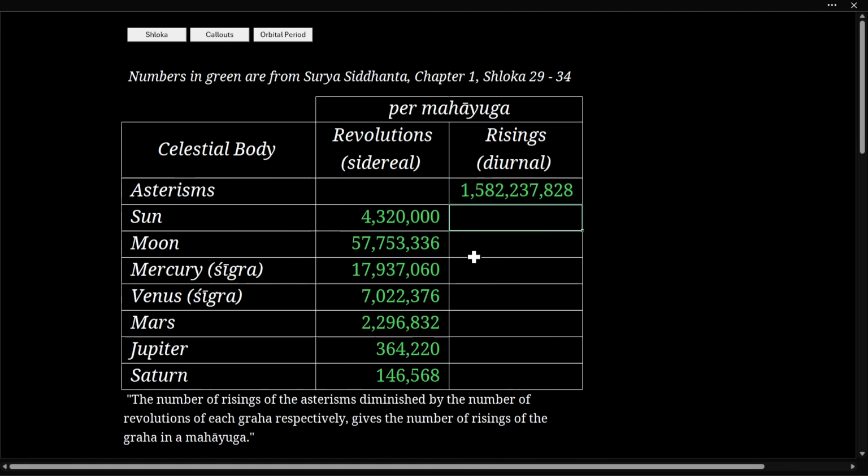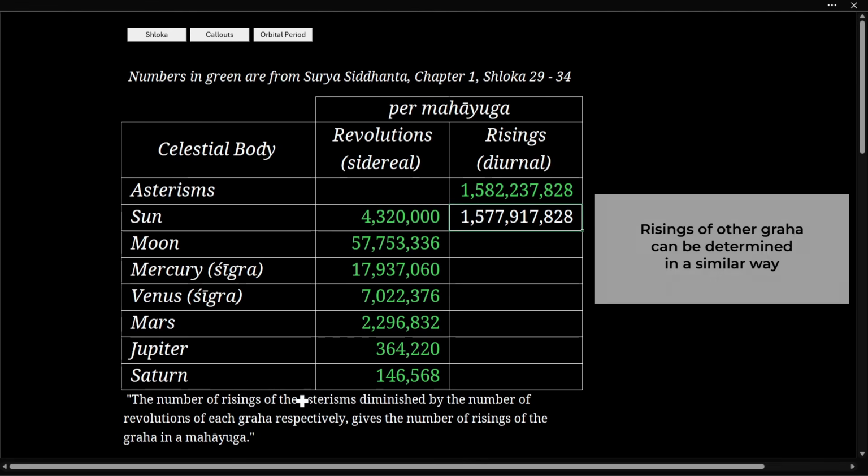So what this is really telling us is, to find the number of risings of the sun, you simply take this minus this. This is the number of risings of the sun in a mahayuga, because you take the number of risings of the asterisms, that is this, diminished by the number of revolutions of the sun, that is this. And you get the number of risings of the sun in a mahayuga.